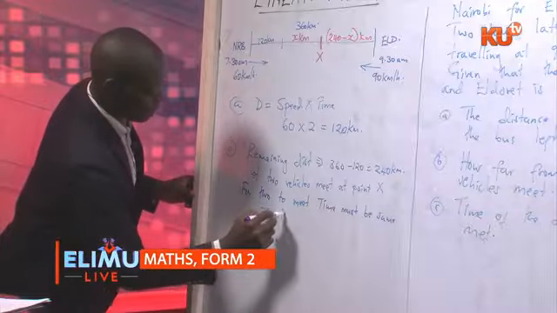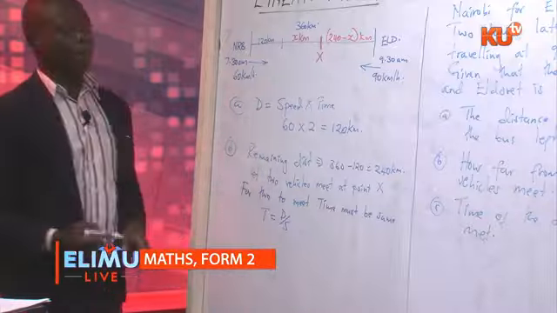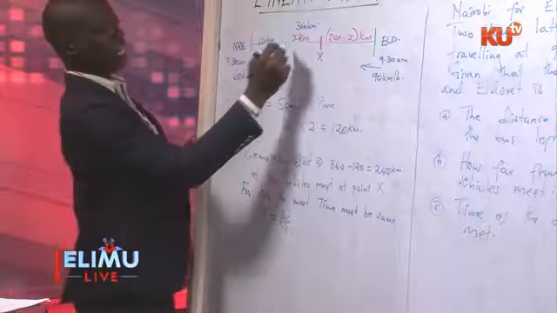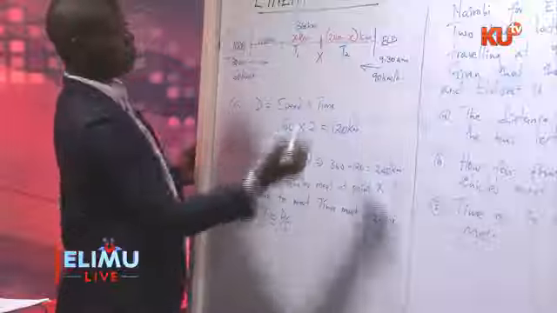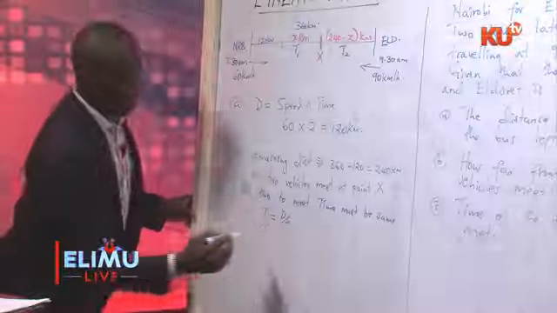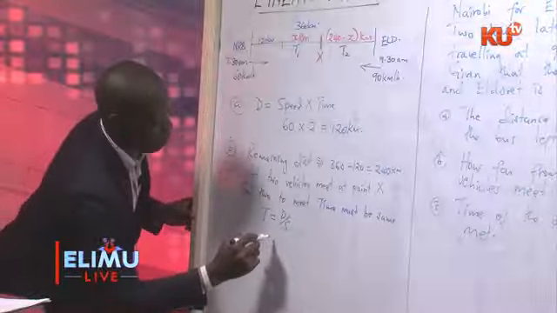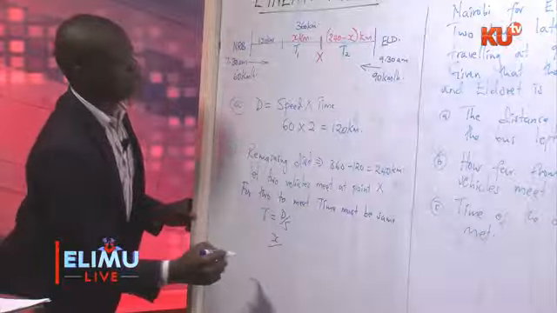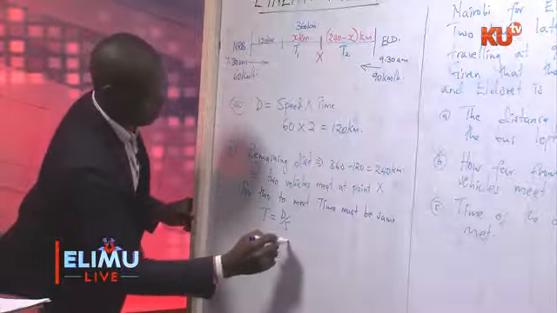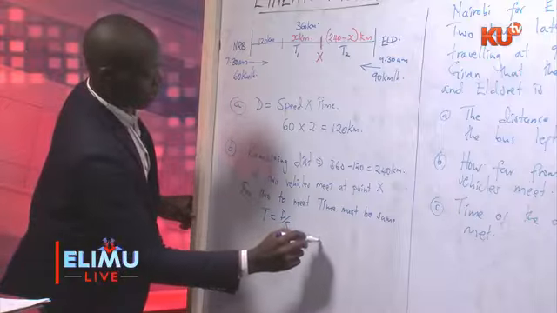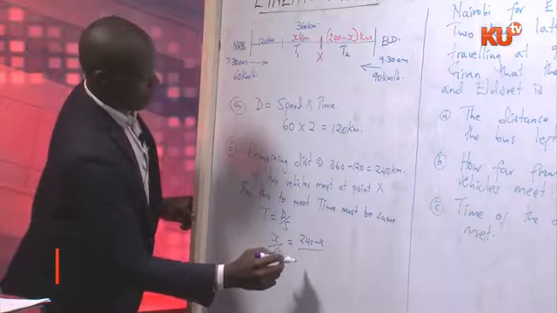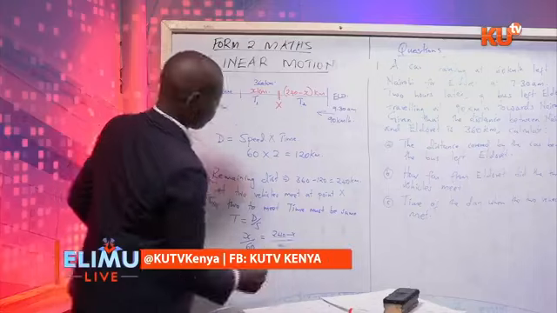Time is distance over speed. So I will denote this as my time 1, T1, and my time 2, T2. So we'll say T1, which is X over the speed, 60, has to be equal to T2, which is 240 less X over the speed, which is 90.